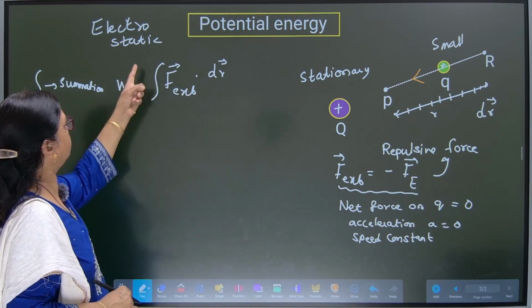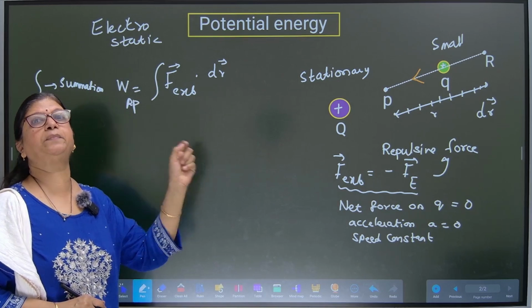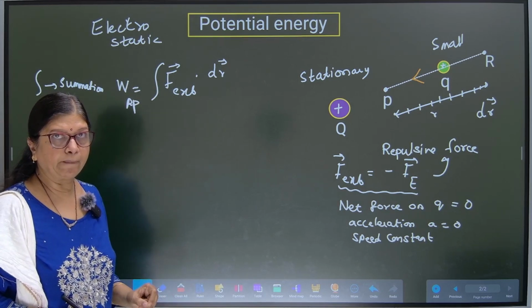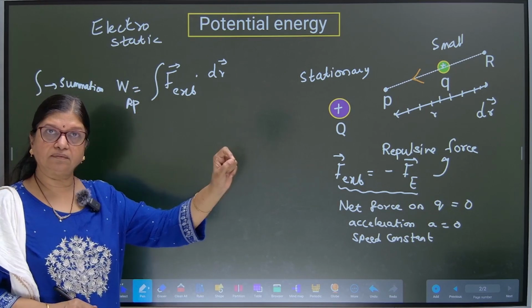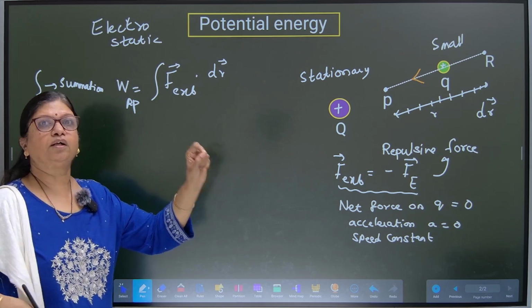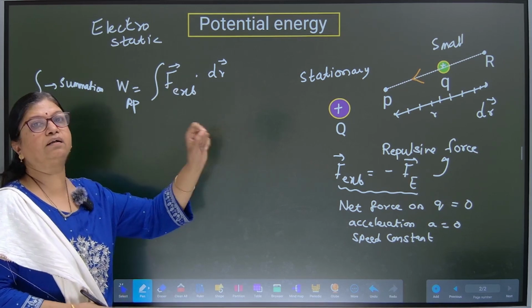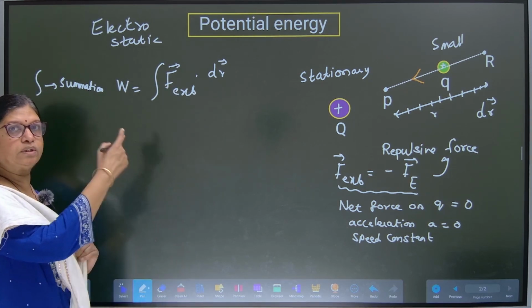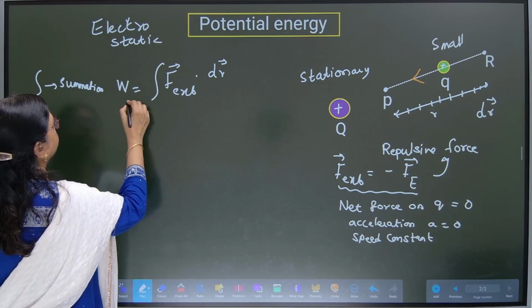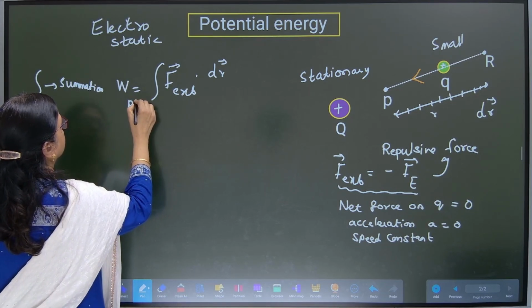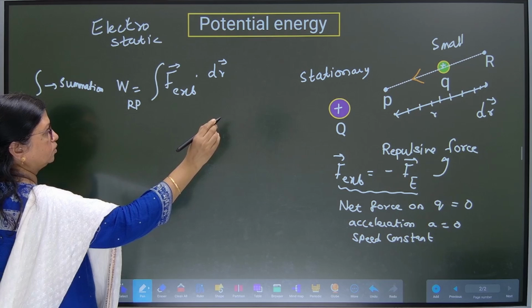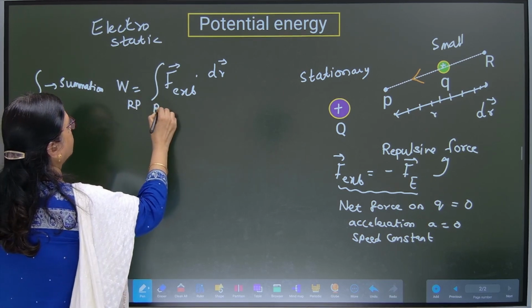So what is this integration symbol telling me? Summation of F external dot dr displacement. So this is the work done in moving the charge small q from R to P.